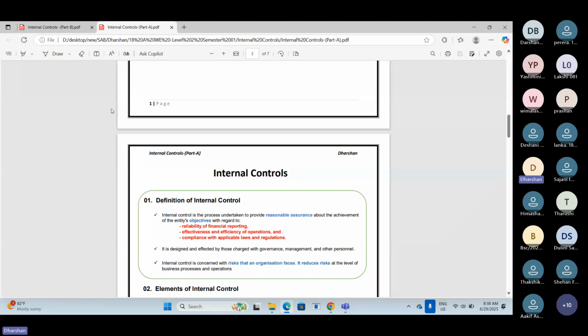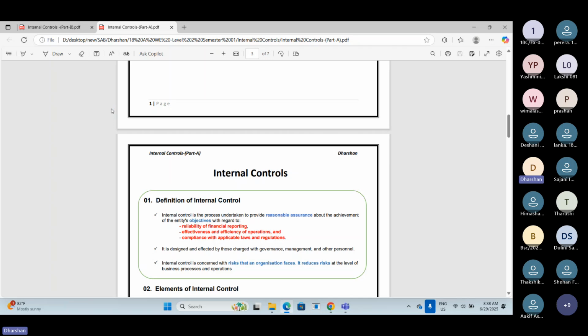So first one, examples of internal controls, each process we already discussed. Certain processes I will give separately. For each process you should be able to provide examples of internal controls. With that, why should internal controls be placed in the organization? That part we discussed.